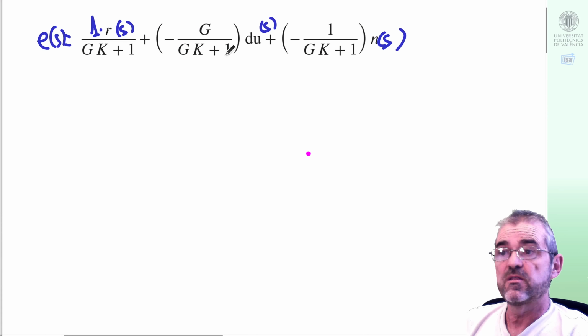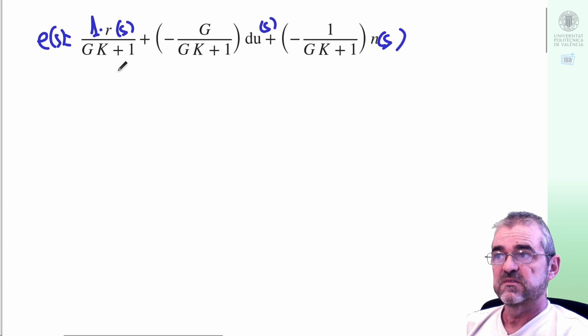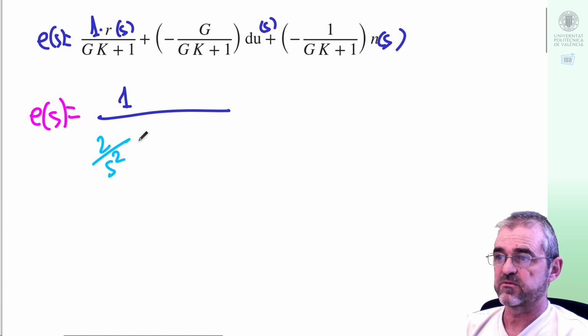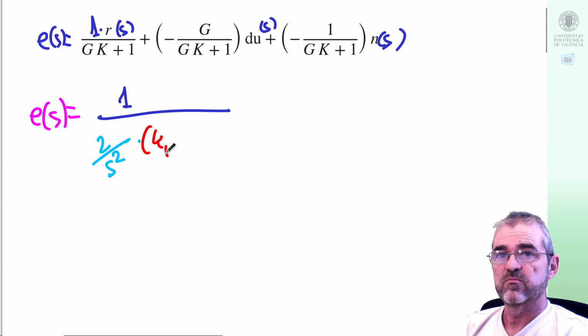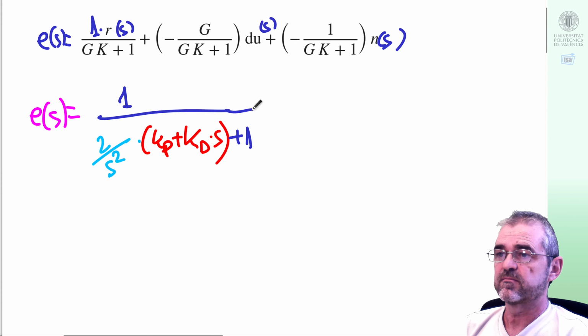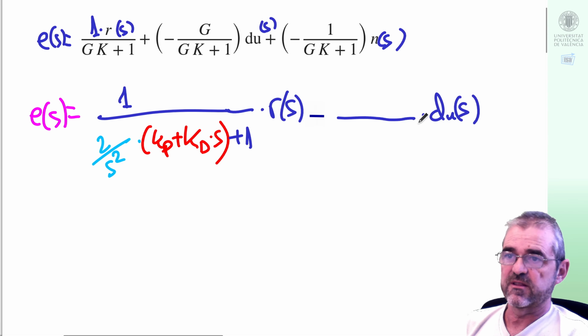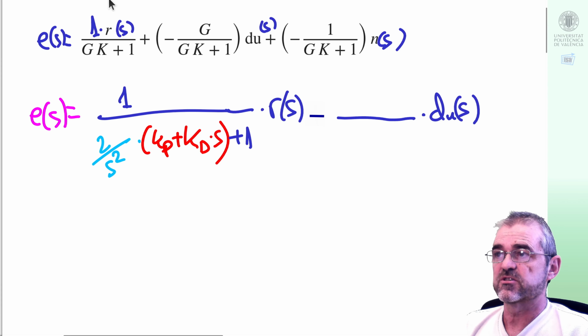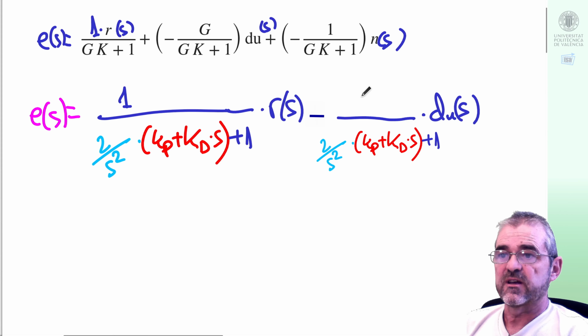I've just copied the error expression from MATLAB, and then if I replace G and K, I will get E of S equal to 1 over (1 plus 2 over S squared, my process, times Kp plus Kd times S) times the set point, plus something multiplying the disturbance, the denominator exactly the same, so I just copy it, and numerator G, 2 over S squared.